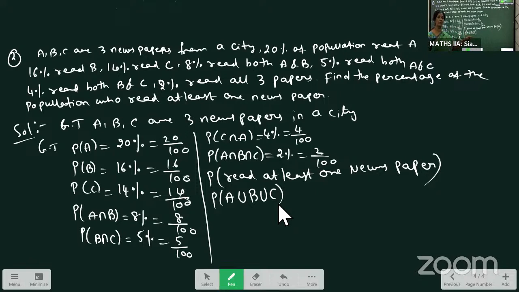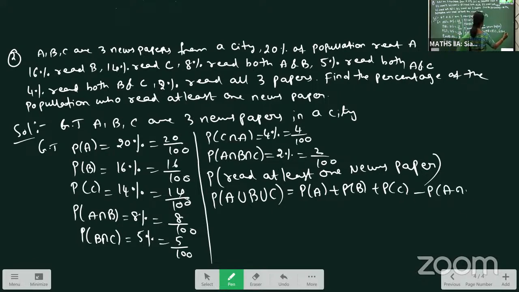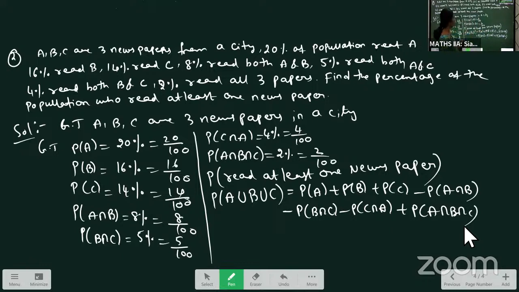So at least one means either A or B or C. So it is A union B union C. So the formula for A union B union C is P of A plus P of B plus P of C minus P of A intersection B minus P of B intersection C minus P of C intersection A plus P of A intersection B intersection C. By substituting all values here, we will be getting the solution. So come on.